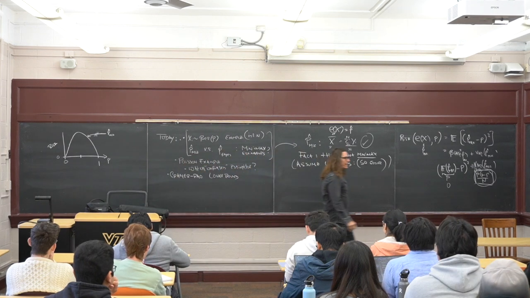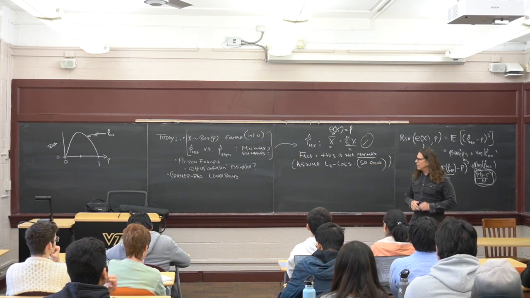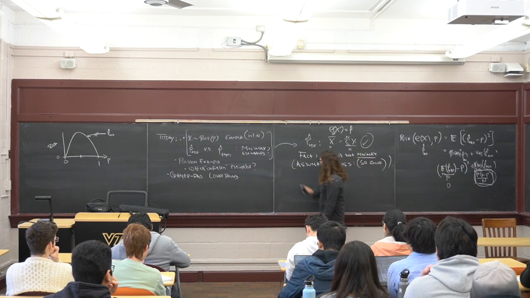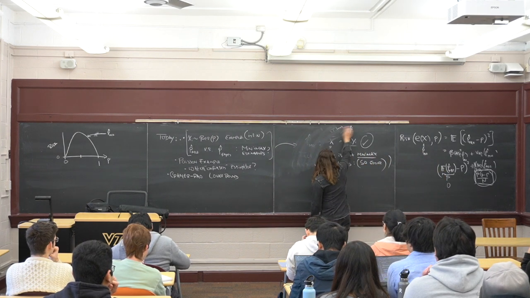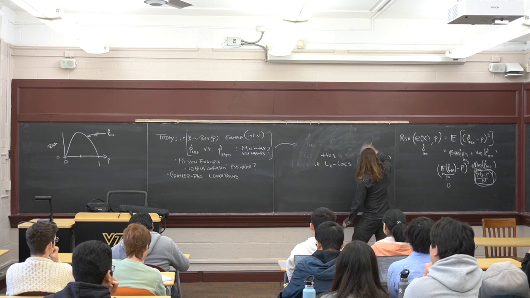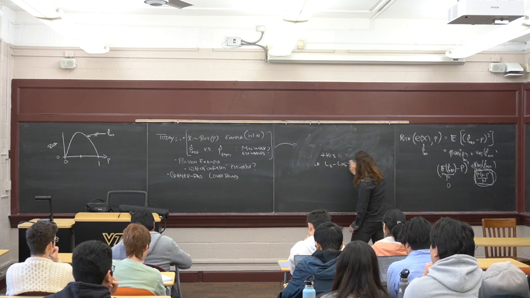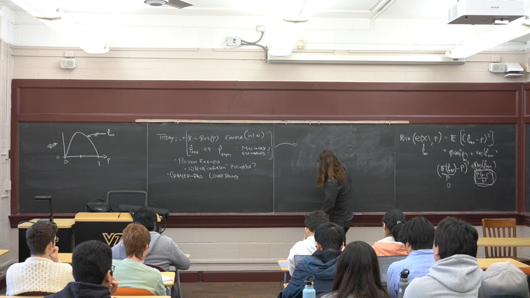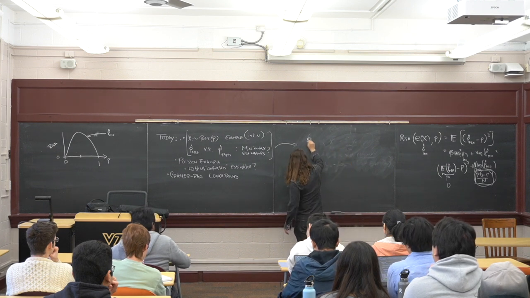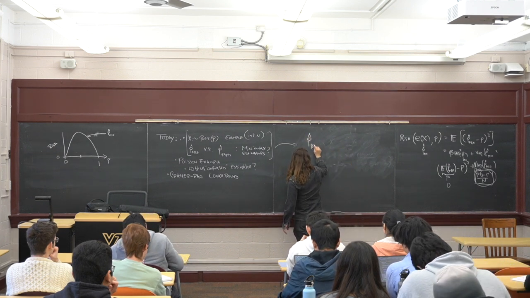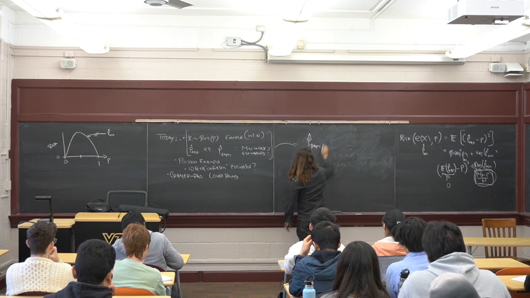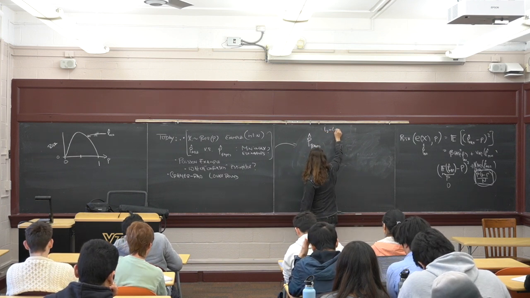Let's consider another analysis. Let's do a Bayesian analysis. We've done this before for this example. So p hat Bayes. Again, we're going to look at the L2 loss function.